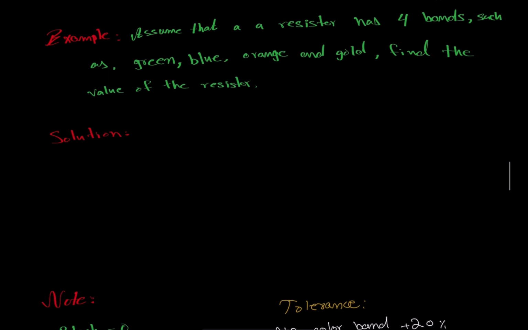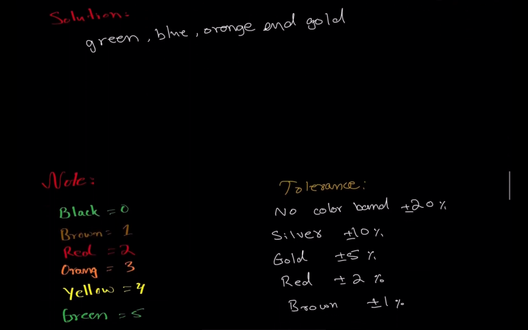So let's say green, blue, orange, and gold. How do we write this down? The first one is green, which is 5.